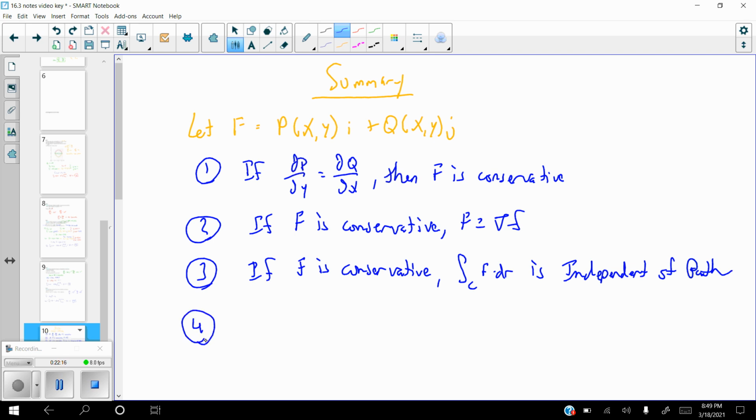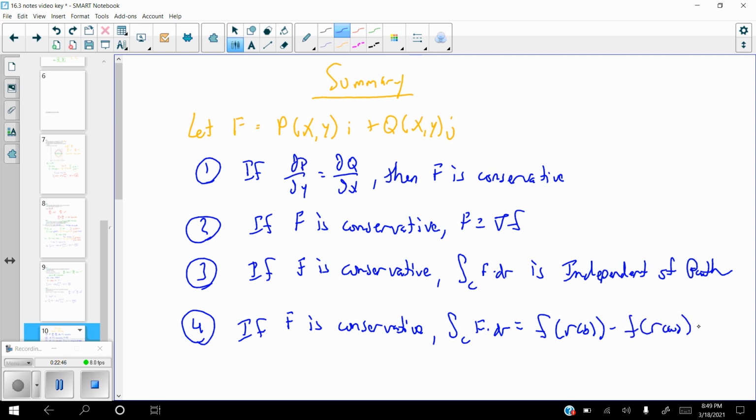Okay, the fourth thing, we only have 5 of them. If F is conservative, then the line integral of F dot dr is the same thing as the function f of r of b minus the function f of r of a.